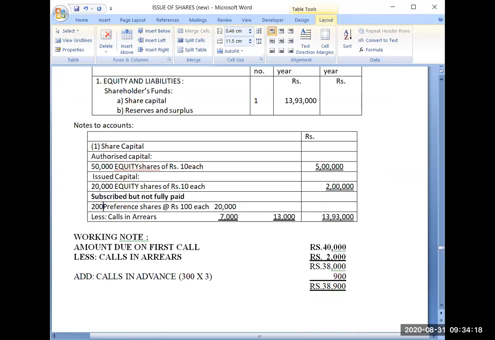Now 20,000 equity shares of rupees 10 each, rupees 7 called up.